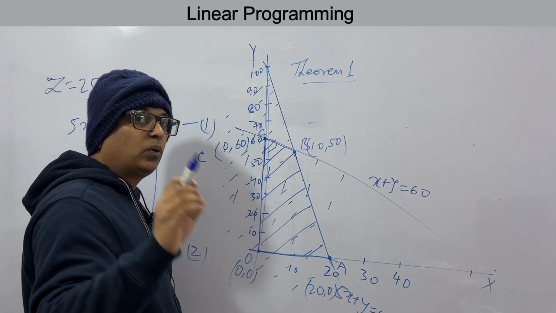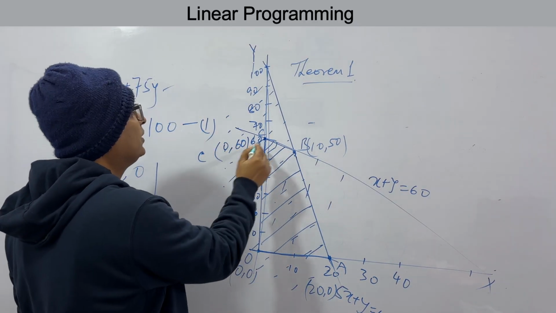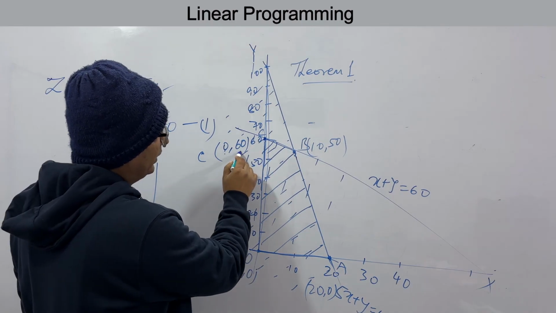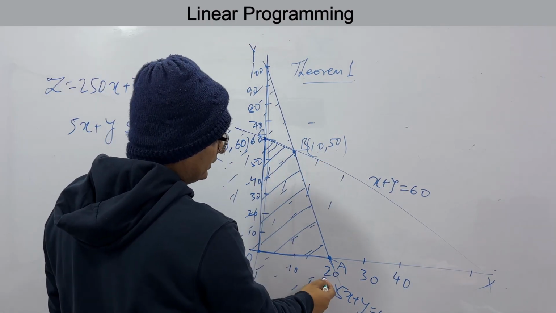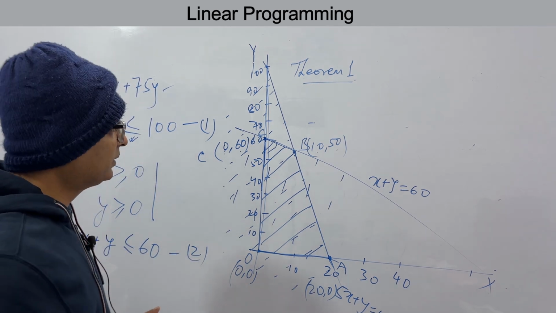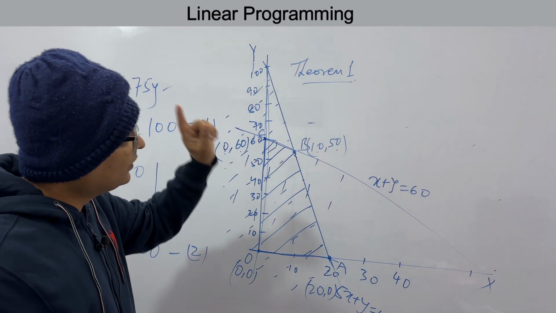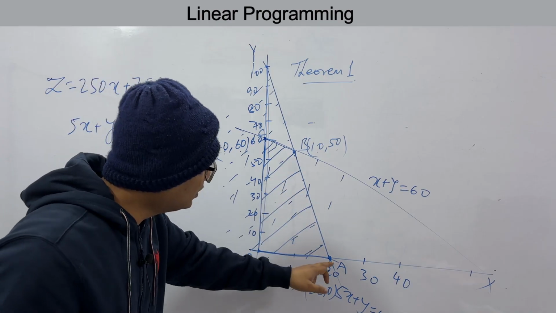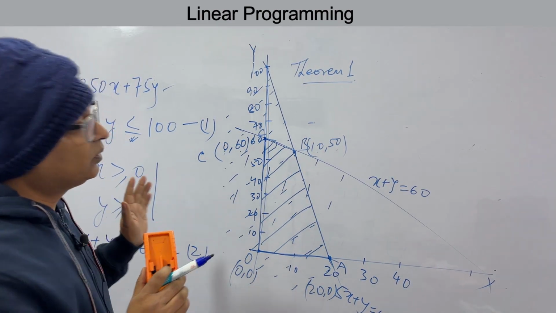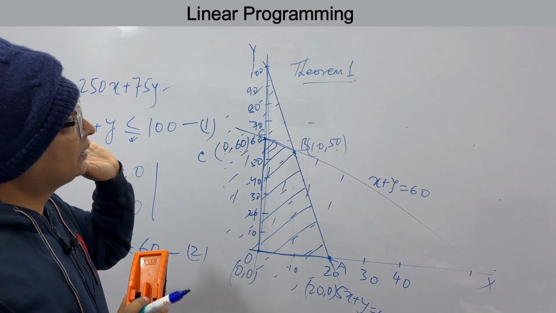The maximum or the minimum for the objective function will be at these points only. That is, when x is this and y is this, or x is this and y is this. This is 0, 0, so that won't be a point. That can sometimes be a minimum. So the first theorem states that at the corners only you will find the optimum point, that is the maximum or minimum. This is theorem 1, important.